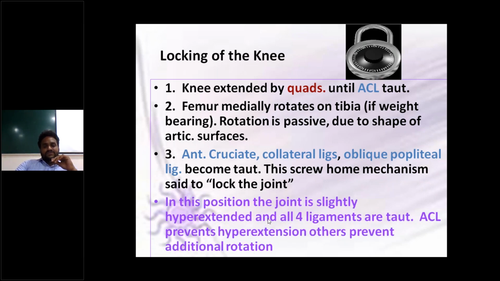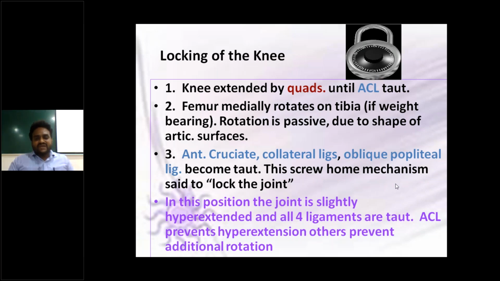In this position the knee joint is slightly hyperextended and all the ligaments are taut. The most important one is the anterior cruciate ligament; it prevents hyperextension and additional rotation. So the main ligament in this locking mechanism is the anterior cruciate ligament.